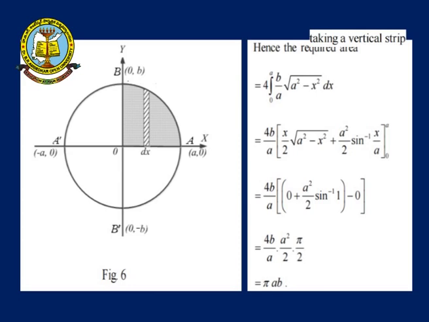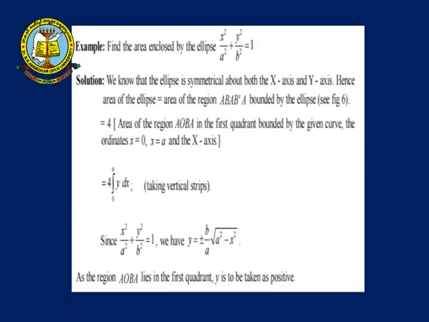Now the area is 4 times the area of the first region AOBA in the first quadrant, bounded by the curve, with coordinates 0 to a along the x axis.